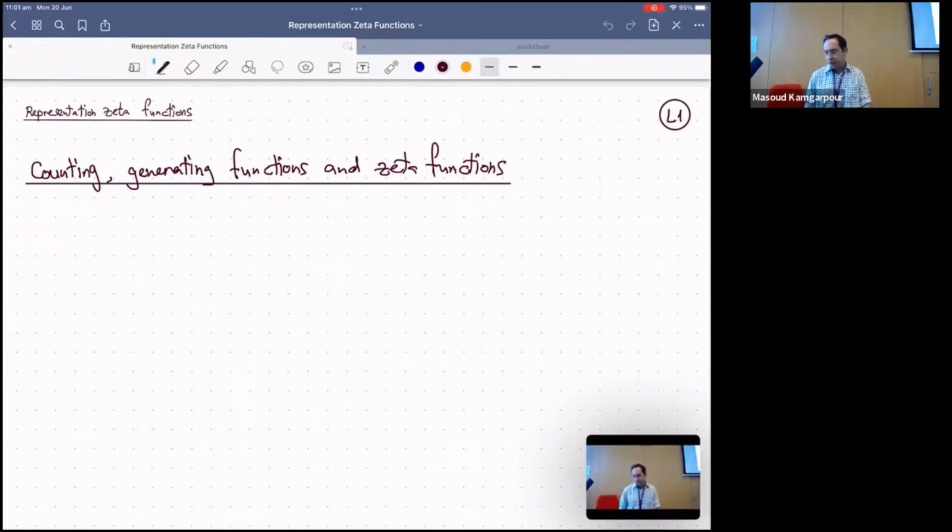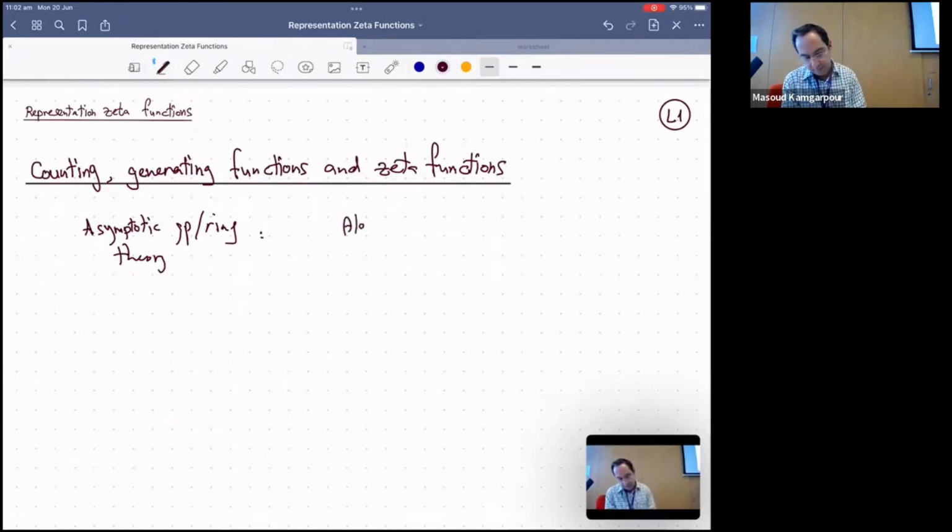So the beginning of this story is, let's call it asymptotic group or ring theory, where the idea is to take some algebraic object and somehow cook up from this object a sequence of natural numbers that depend on the object.